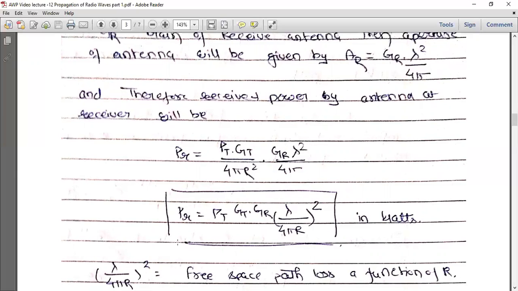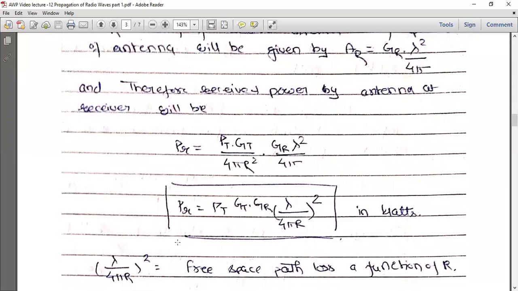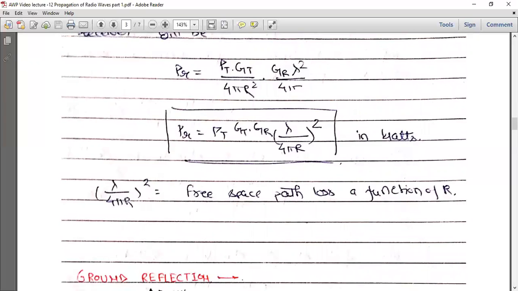So you can consider it to be used for finding the highest or lowest values, as it depends on your application. Okay, so this value, lambda upon 4 pi R whole square, is known as free space path loss, and as you can see, this is a function of capital R. You are transmitting a particular wavelength, lambda is constant. As distance increases between transmitter and receiver, the received power reduces, and it's a practical thing.